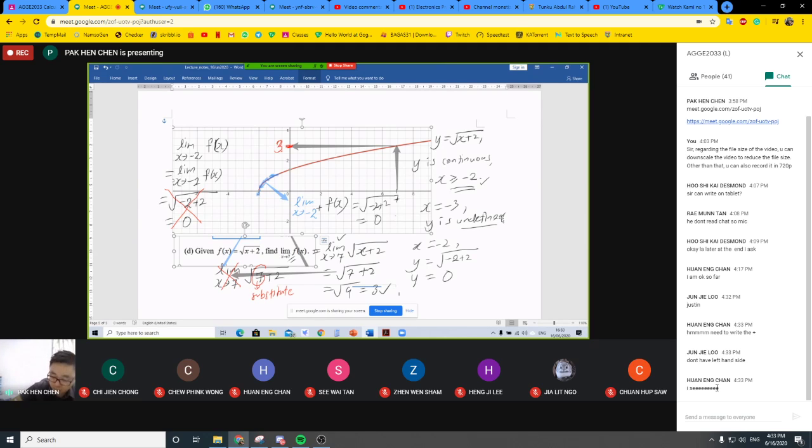However, do we have any point getting nearer from the left? No, isn't it? That means when you have x equals -2.01, your y is undefined. If your y is undefined, that means the limit from the left is undefined for this case. Understand?